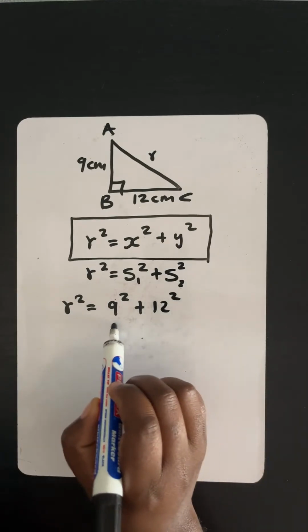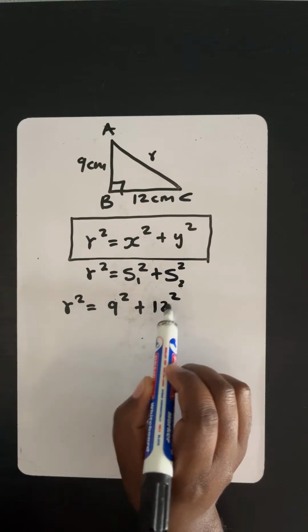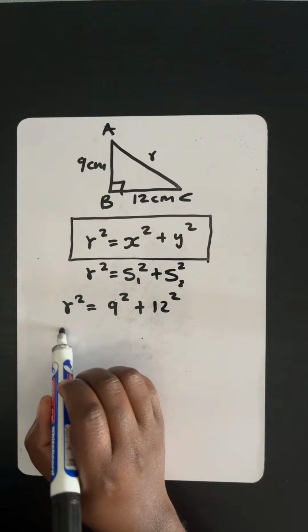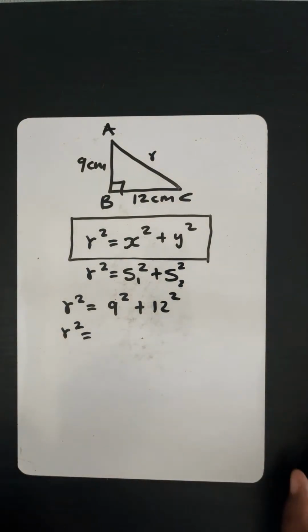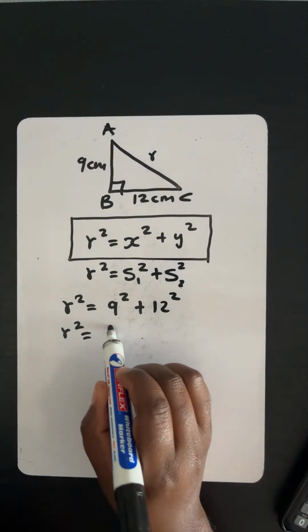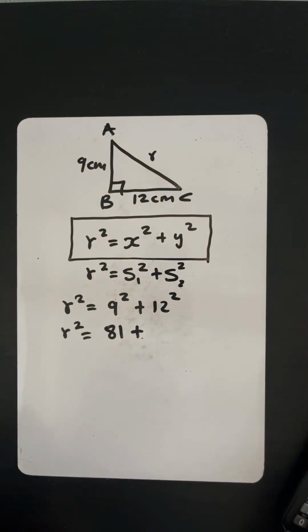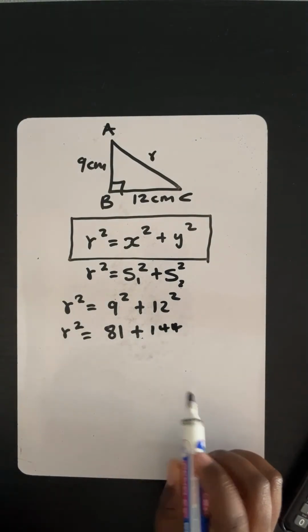Another one can start with 12 squared plus 9 squared. It doesn't really matter that much. So you continue to say r squared is equal to, what is 9 squared? Let's see, 9 squared is equal to 81, plus 12 squared, which is equal to 144.